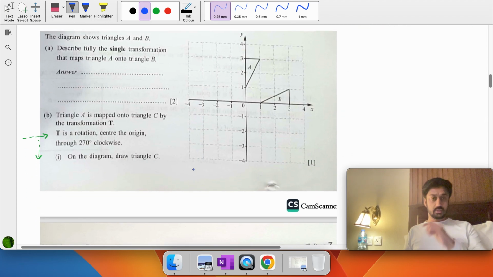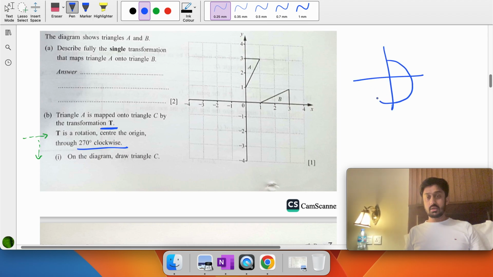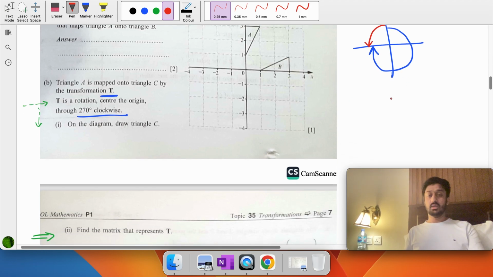Few more questions. Triangle A is mapped onto triangle C by a transformation T. And what is T? T is a rotation, center of origin, through 270 degrees clockwise. So 270 degrees clockwise actually means 90 degrees anti-clockwise. You can go about any method, the answer would be correct.